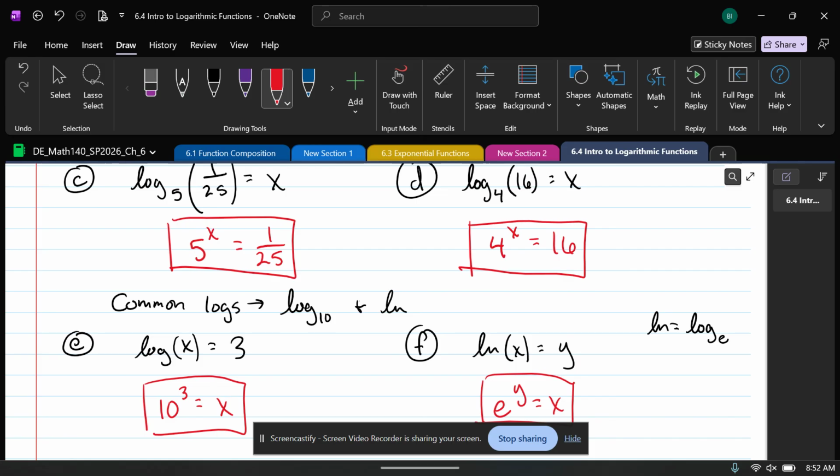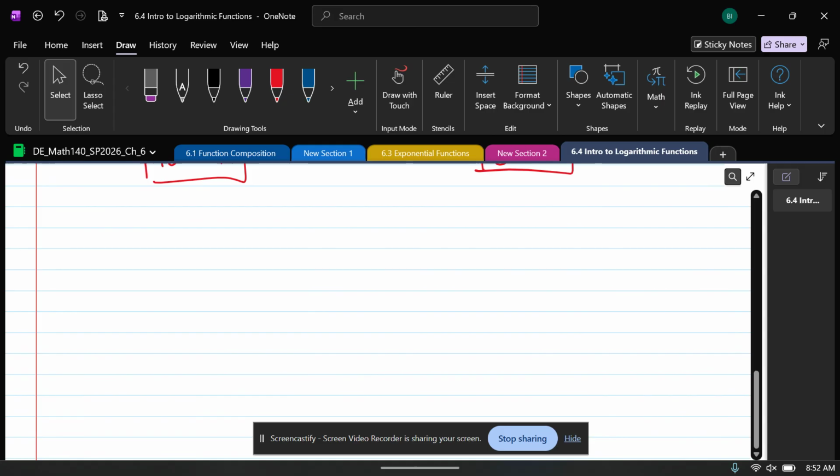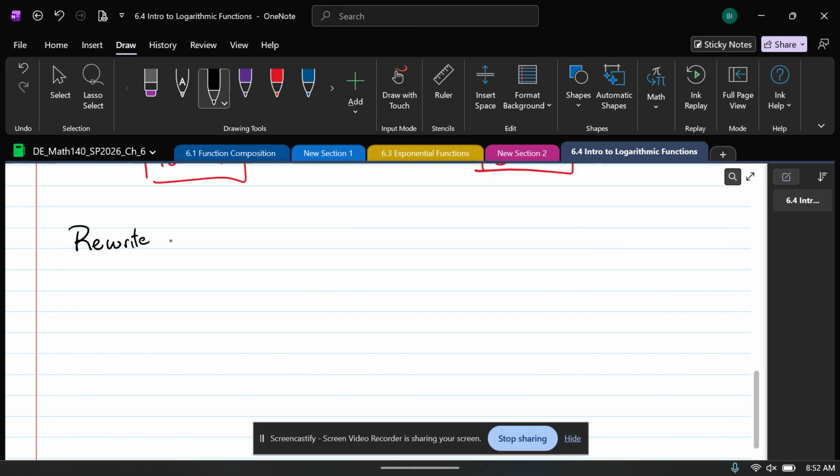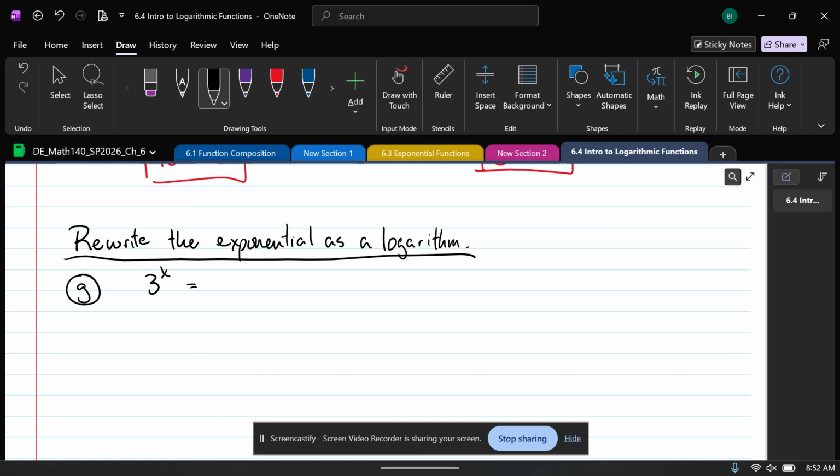All right, so let's go the other direction. Let's rewrite an exponential as a logarithm. So let's start with 3 to the x is equal to 27.